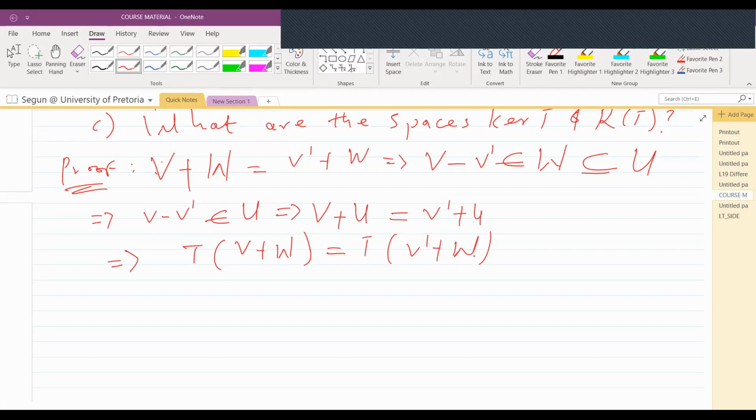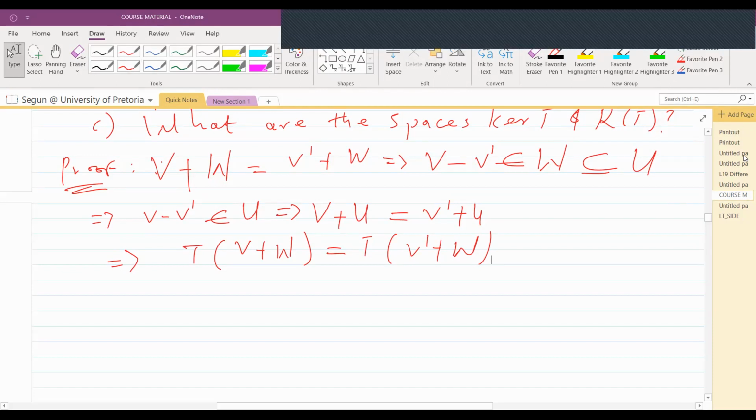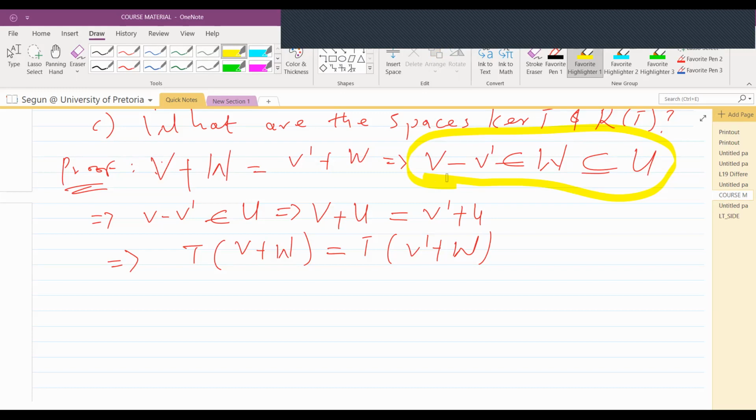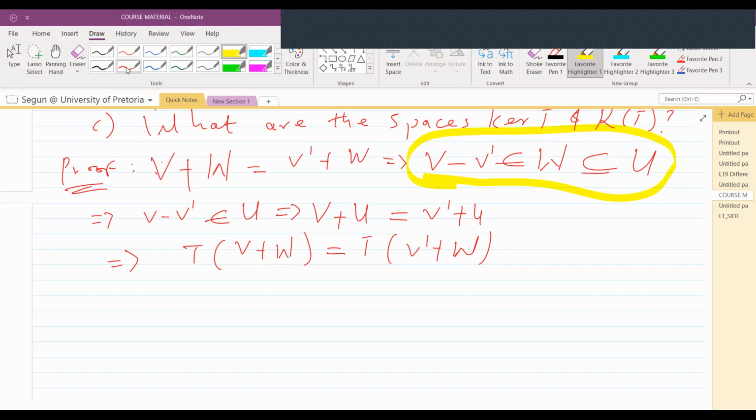Look at the definition: from V plus W equals V prime plus W, we establish that truly they all belong to the same U that we are working with. So that is why we have a cover to be able to define the transformation we are working towards.